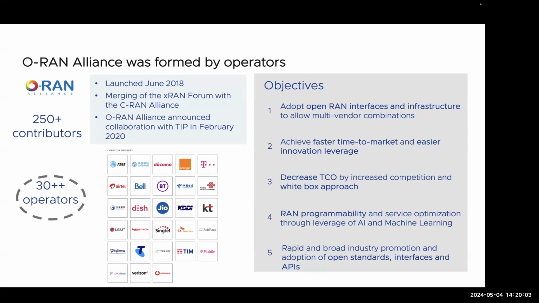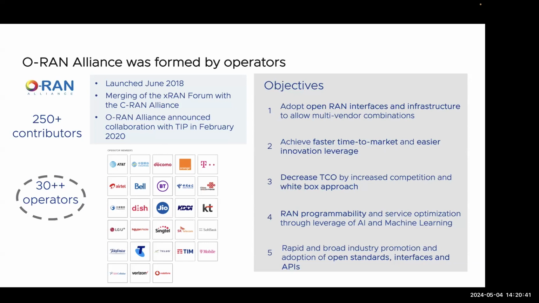We will try to create a place which will push the industry with some standards and guidelines for having multi-vendor, more openness based on the 3GPP work. So the most important point: the ORAN Alliance is complementary, with some specifications and standards, never contradicting or overlapping with 3GPP. 3GPP is the main standards body for the RAN access technology, and the ORAN Alliance is trying to complement it in some areas not specified in 3GPP.